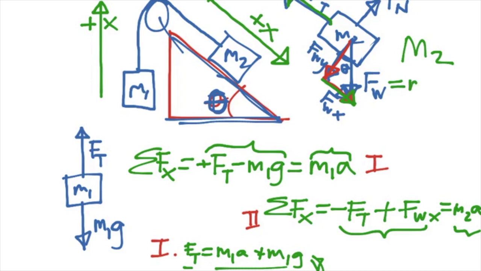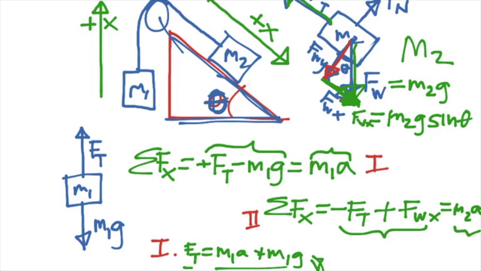Fw is M2G. That is, Fw for mass 2 is M2G. The part that's along the ramp is opposite theta, so Fwx is M2G sine theta. That is, the part of Fw that is parallel to x, that's M2G sine theta.